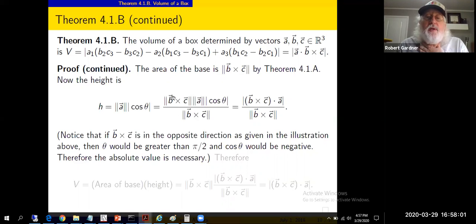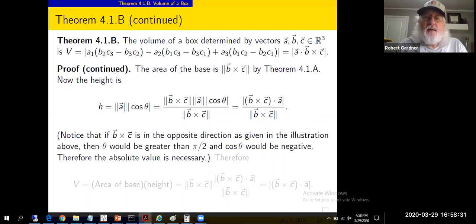So we've actually just multiplied by this over itself because we need it to simplify some things. Now we've got in the numerator a product of the magnitudes of 2 vectors times the cosine of the angle between them, absolute value of. That's what the dot product was. The dot product of 2 vectors was the product of the magnitudes times the cosine of the angle between them.